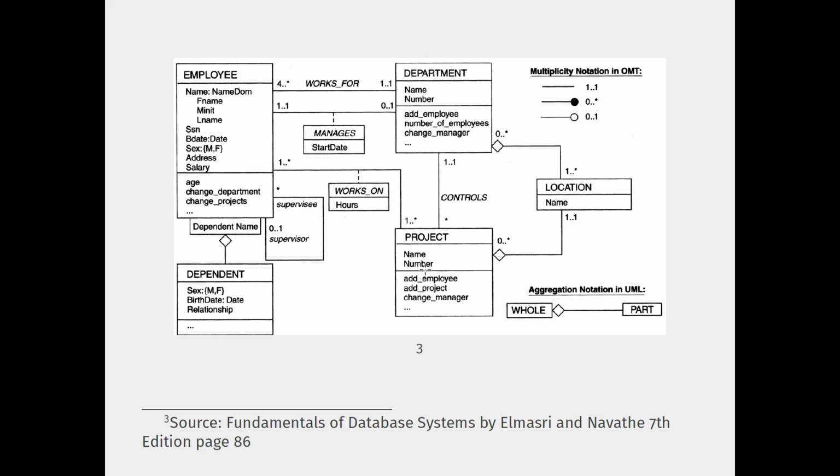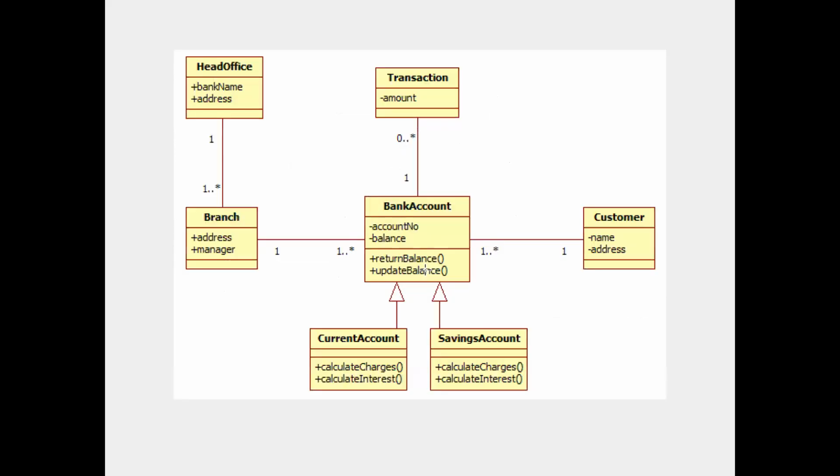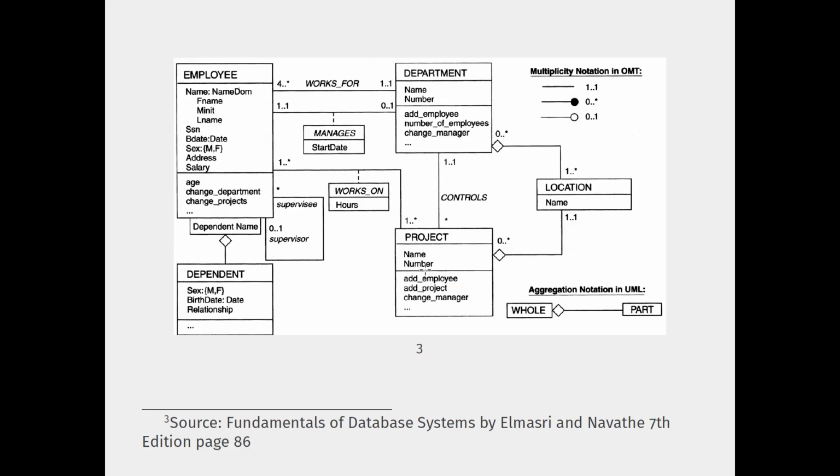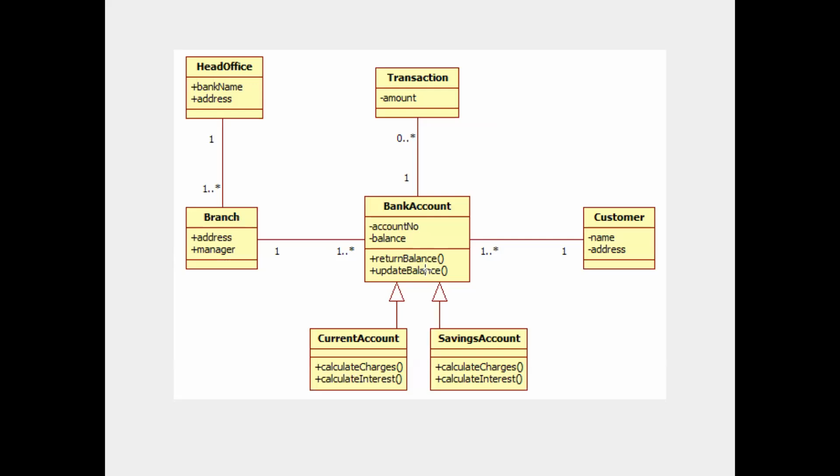Right. Okay. So I hope you can refer to more examples to understand how we can represent UML diagrams. Another example, again a slightly different version. In this representation also, you can see the classes and their relationships. Here we have some inheritance, because bank accounts could be current accounts and savings accounts.